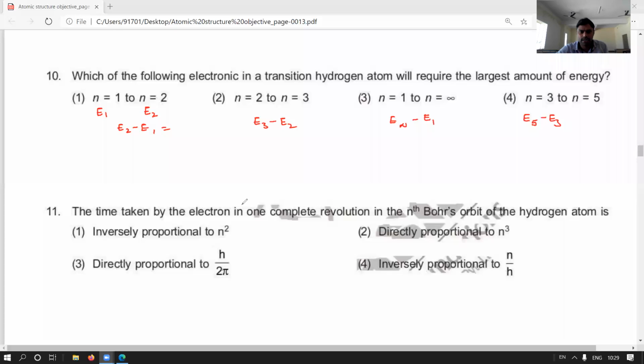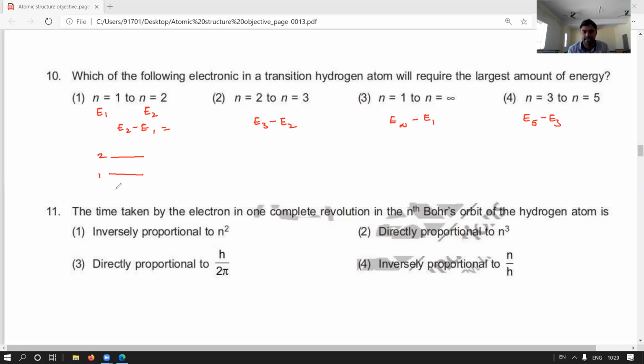Observe, option 1 is not correct. See, this is n equal to 1 to 2. In between, how many lines are present? No energy levels are present.